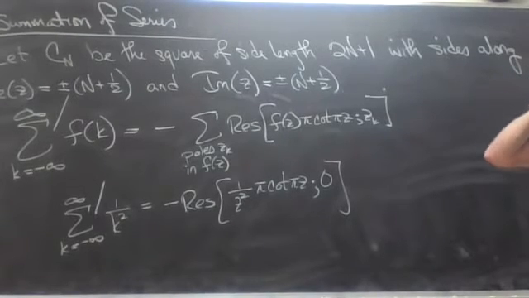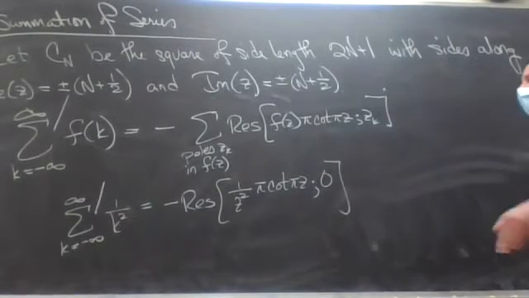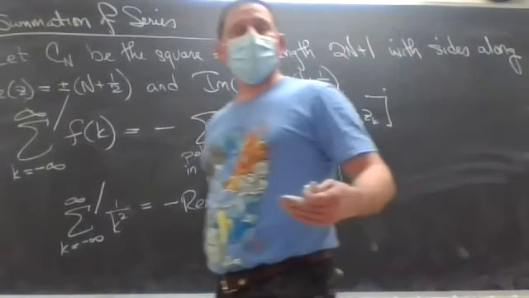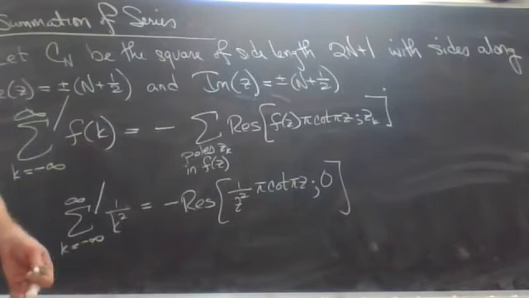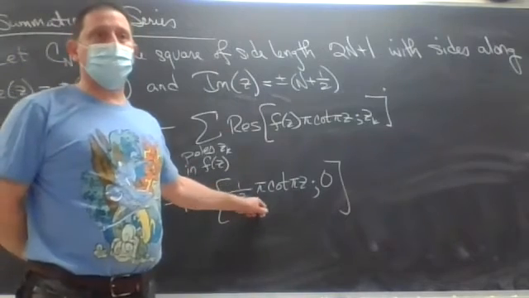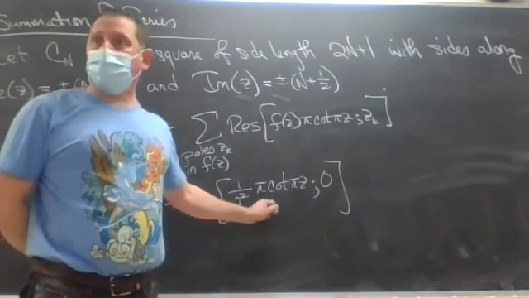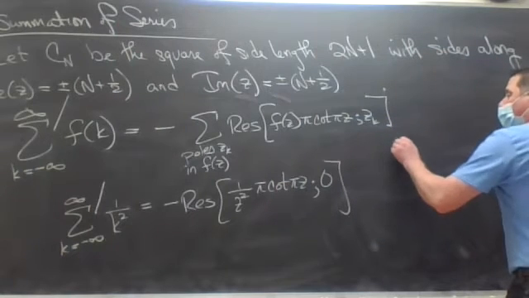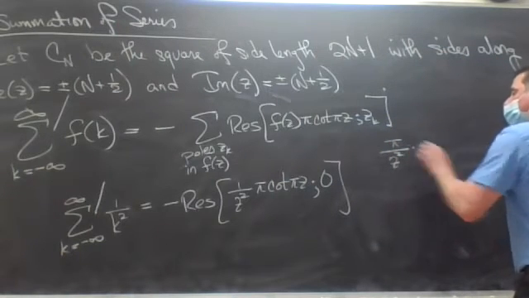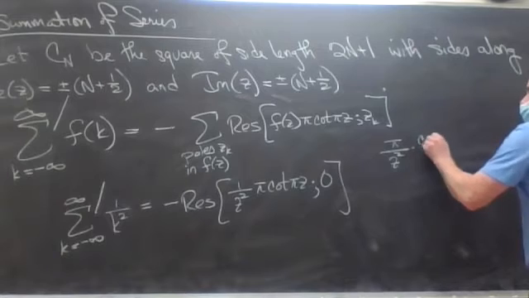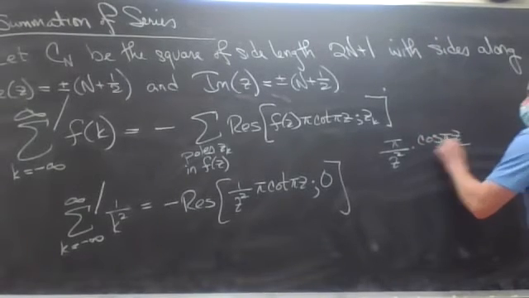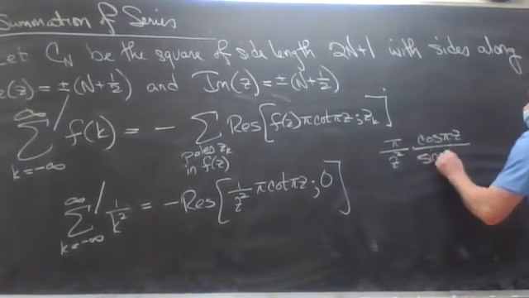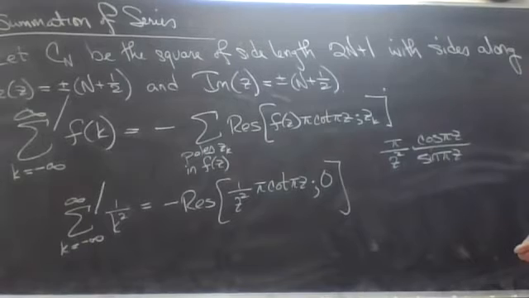Okay? And we can find that residue fairly easily. Let's see how it goes. I'm going to do it by series because I don't want to have to take the derivatives. This has a pole of order 3, and I just don't feel like it. All right, so I'm going to do it like this instead. Pi over z squared times cosine pi z divided by sine pi z.